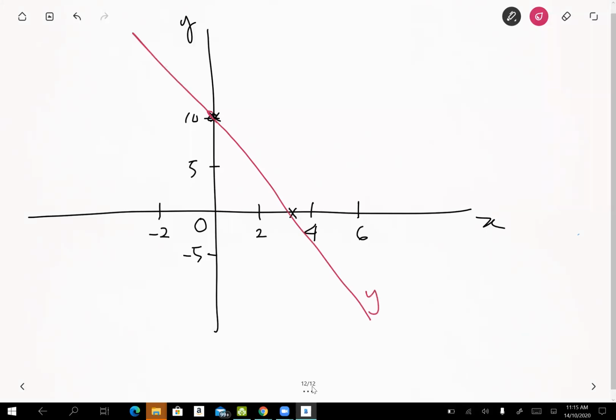So you got y equals, berapa tadi? Negative 3x plus 10. Now, when you draw a graph, there are a few very basic things that I want to remind you.